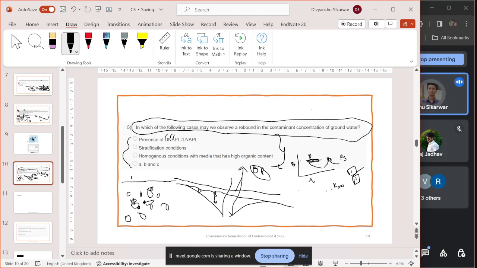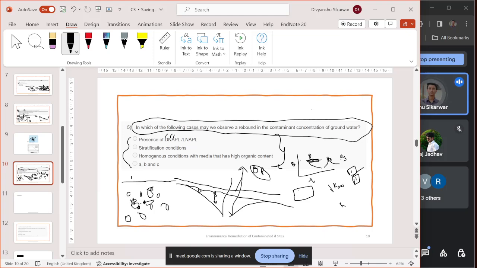If this value is very low, that means the solubility in water is very high. If the KOW value is high, that means the solubility of that compound in water is very low.